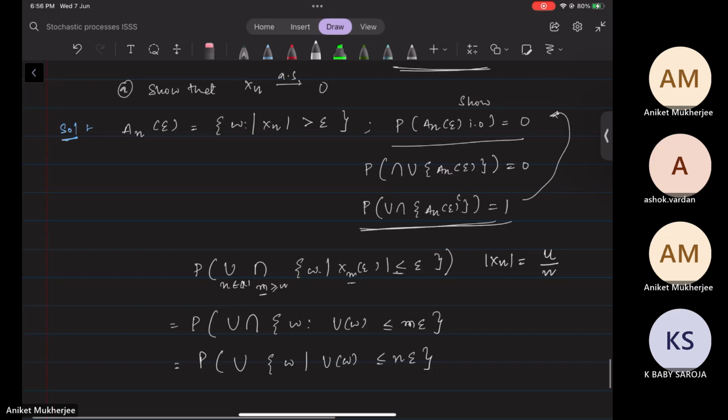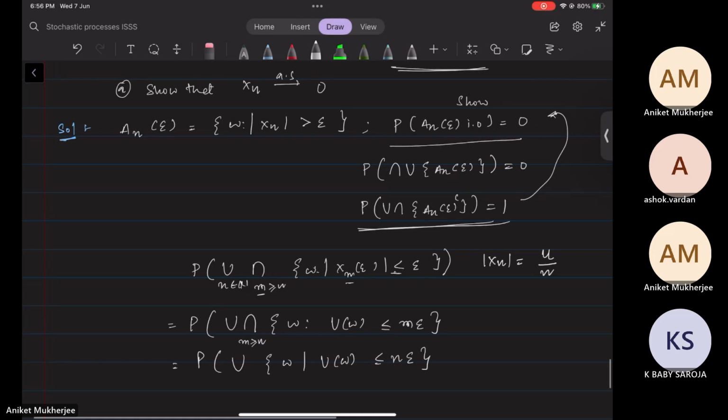Here I have m greater than or equal to n, and n belongs to all natural numbers. So U of omega is less than m epsilon. This is an intersection, so all these events would be satisfied. So if it is less than the least, you're done.